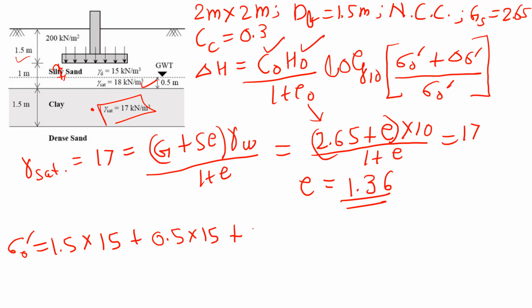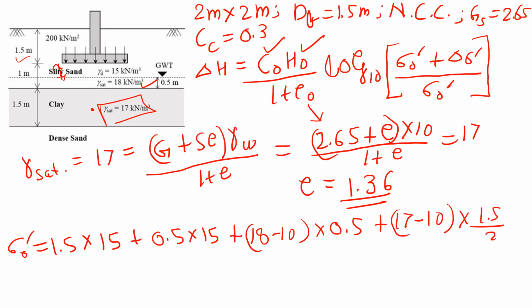We need to find out the effective, so 18 minus 10 into 0.5, plus this is 17. This would also be effective, so 17 minus 10 into mid of the clay layer, which would be 1.5 by 2. If you solve this in calculator, you would get it as 39.25 kilonewton per meter square.